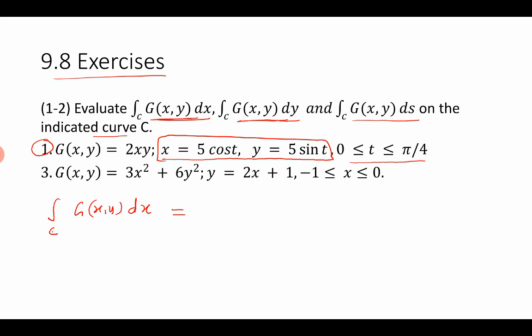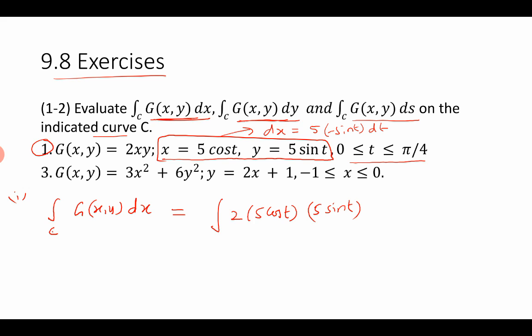Let us write the first part of question number 1. G of x, y is 2xy. What is x? 5 cosine t, y is 5 sin t, and then dx. Differentiate x: 5 is constant, and differentiating cosine gives negative sin t dt.